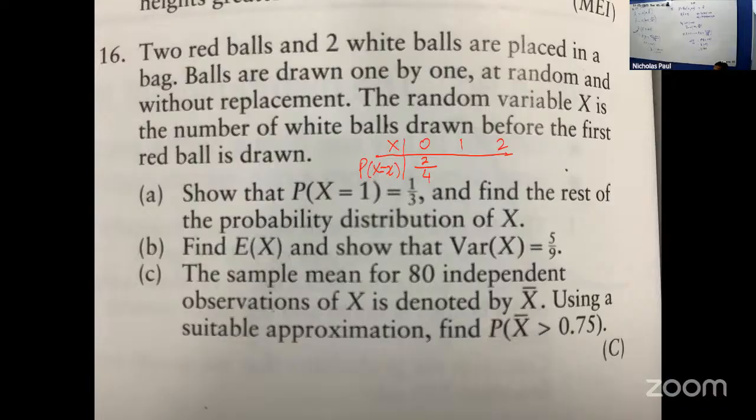Alright, let's leave out 1. Let's go down to 2 whites, because it might be easier to figure out. What's the probability of choosing the first white? 2 out of 4, a half. And what's the probability of getting the next white after that? No replacement means I took out the white and I'm leaving it out. It will be 1 over 2.